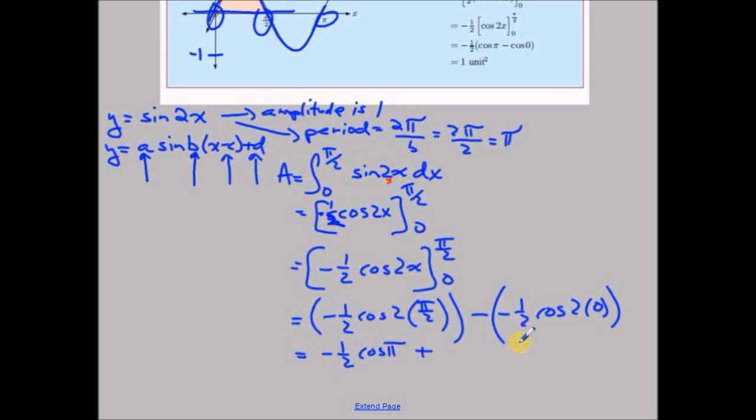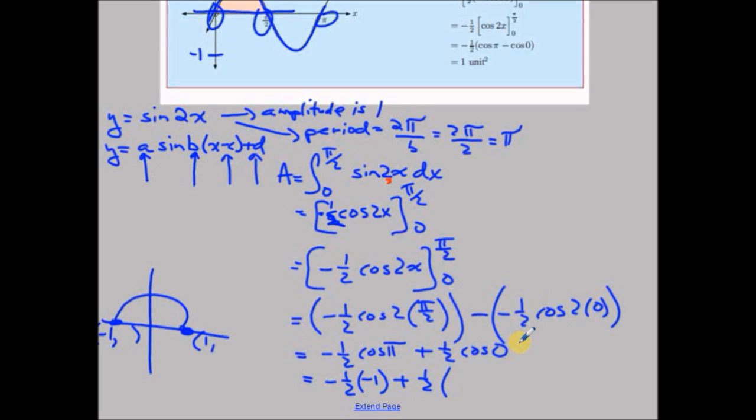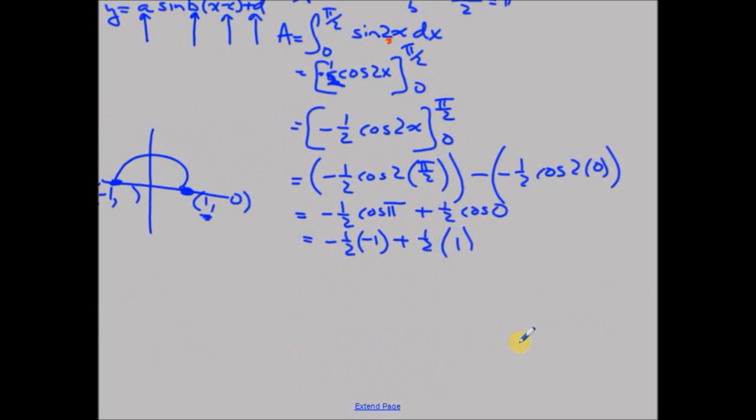This will become a plus 1/2 cos 0. So cos pi on our unit circle, pi is over here. Cos is the x coordinate, which is -1. Plus 1/2 cos 0. 0 is here on our unit circle, and that x coordinate is 1. So 1/2 plus 1/2, which is 1 unit squared.